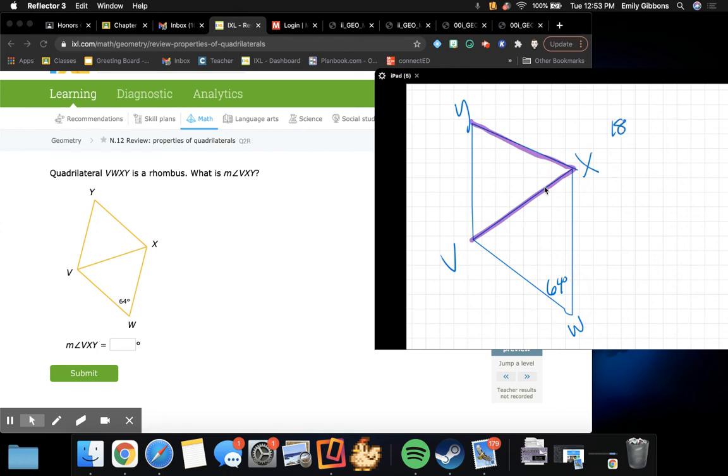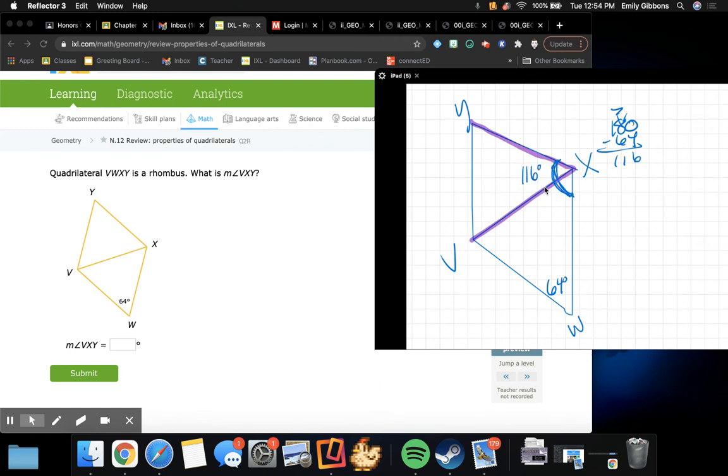So what I'm going to do is 180 minus 64. And I'm going to do that in my head really fast right now. Or on paper, that works too. So I get 116, yeah, that sounds about right. So this full angle would be 116 degrees.